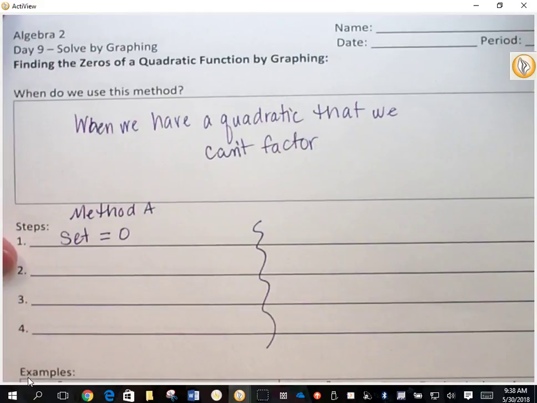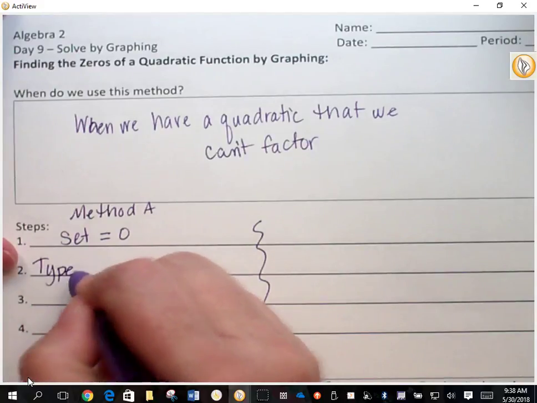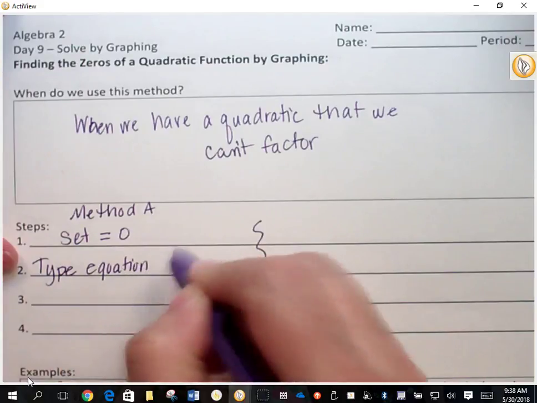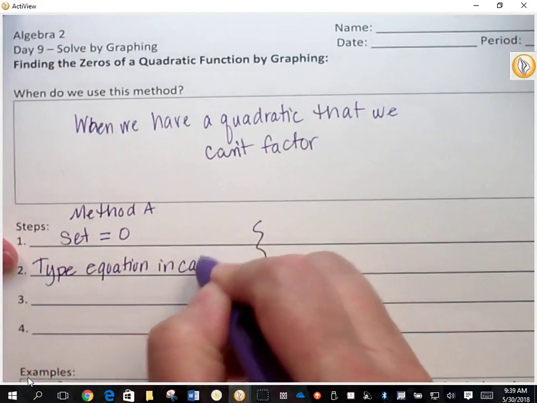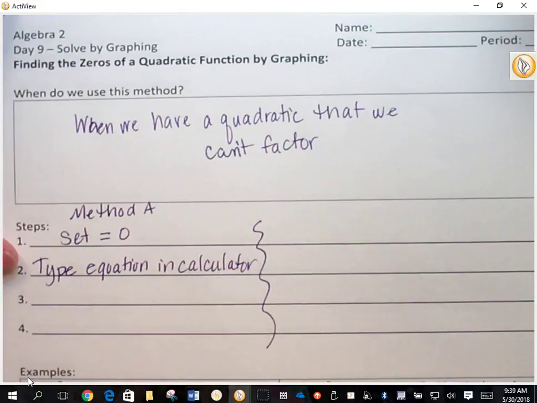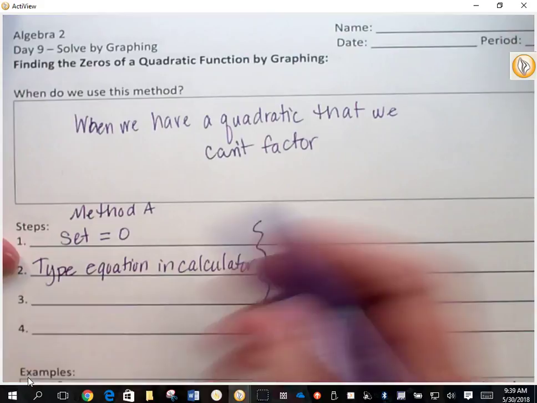Step 2 is to actually type the equation into the calculator. Step 3 is to use the calculator to find the zeros.